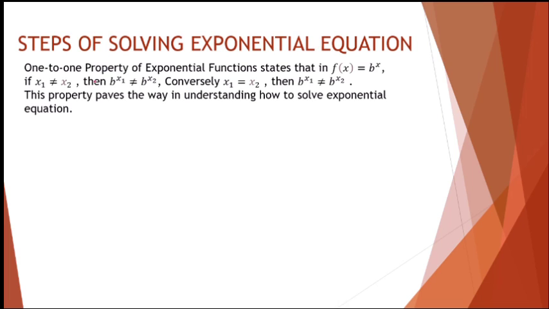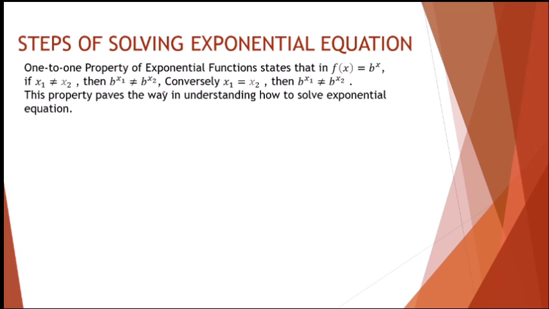Now, we have some steps of solving exponential equation. The one-to-one property of exponential function states that f of x is equal to b raised to x power, and if x sub 1 is not equal to x sub 2, then b raised to x sub 1 is also not equal to b raised to x sub 2.